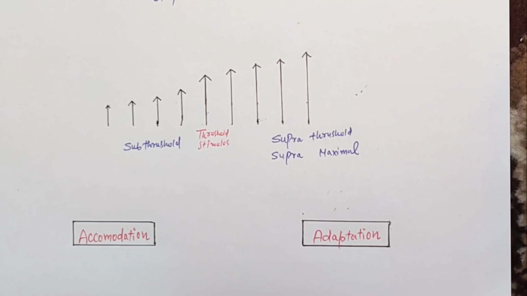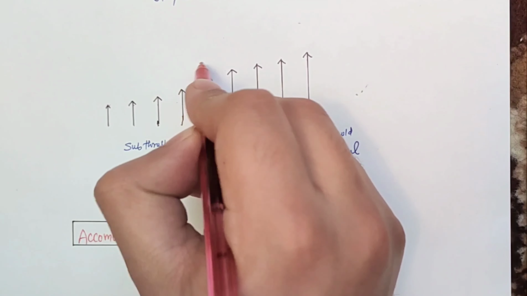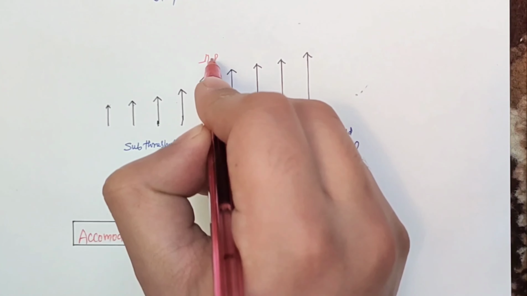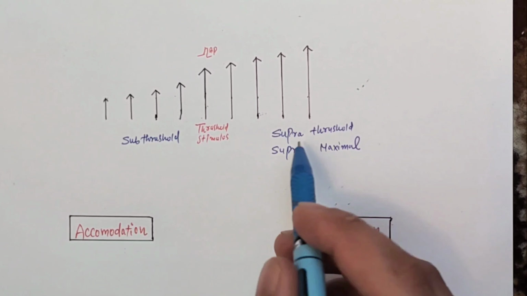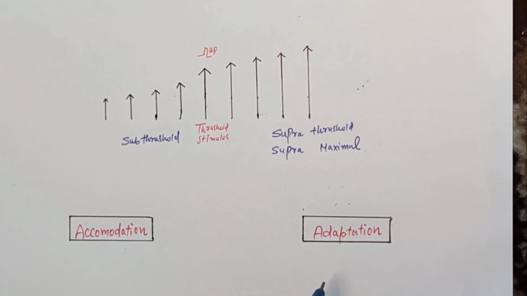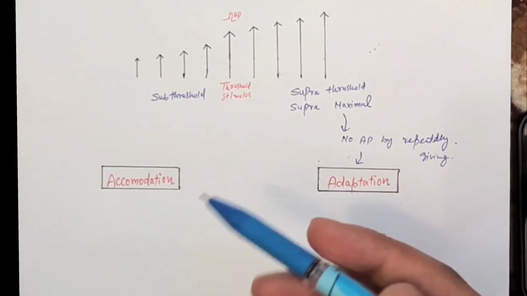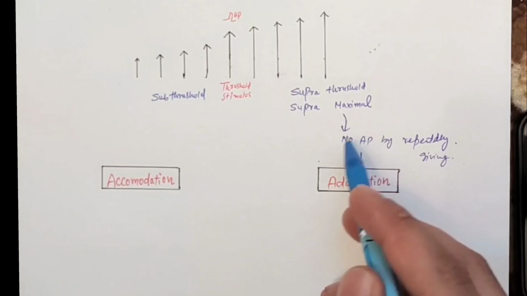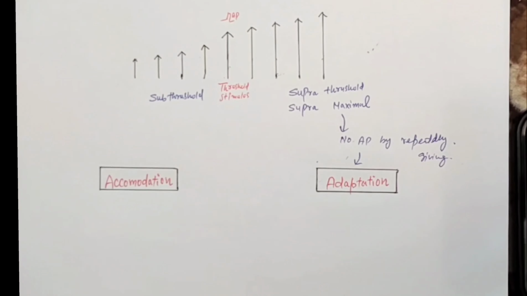Now we must understand two very important concepts, accommodation and adaptation. Let this be the threshold stimulus, it will generate the action potential. The stimuli above the threshold stimulus, called suprathreshold or supramaximal, also generate the action potential. But by giving suprathreshold or supramaximal stimuli repeatedly, there will be no generation of action potential, and this phenomenon is called adaptation.